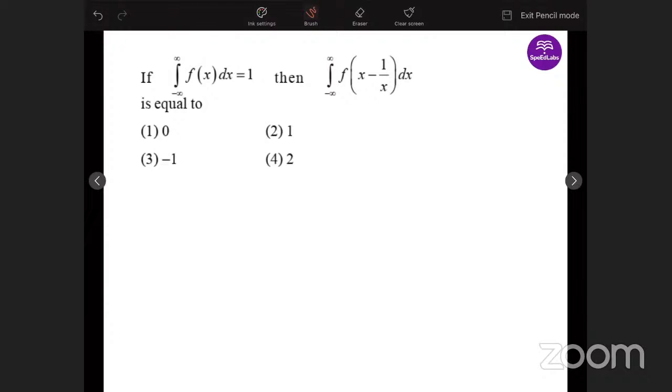Any idea how to solve? Zero. Can you explain, Kanish?